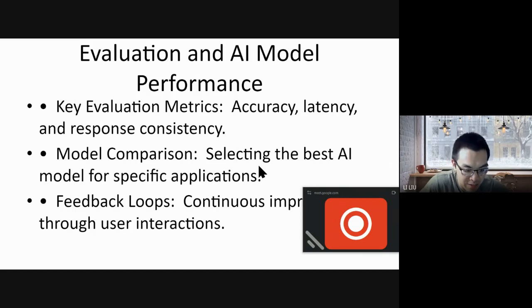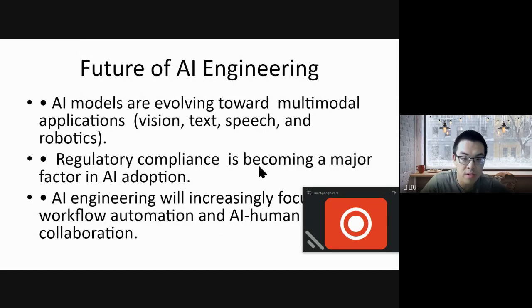Yeah, another thing is a feedback loop. So I think there's also a trend right now that just having the AI result might not be enough, but we need to think about continuous improvement and having the human and the user in the loop. Yeah.